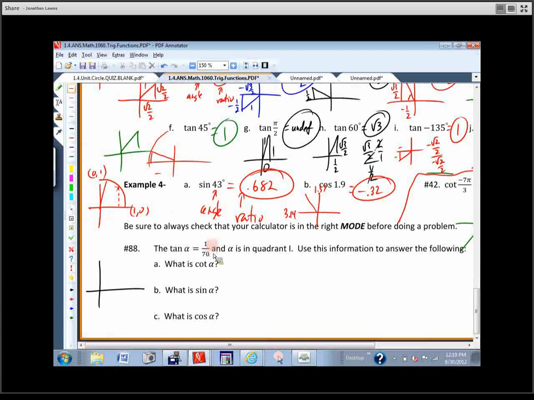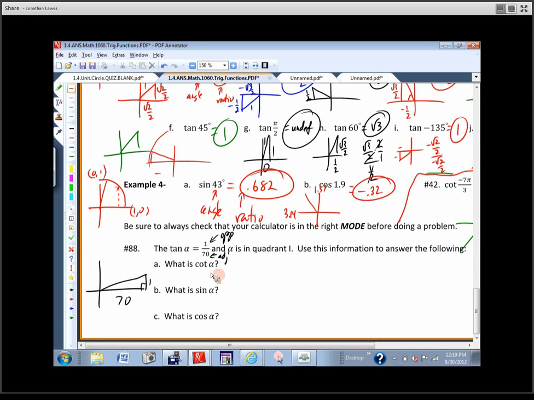What two sides are involved in the tangent ratio? This is the opposite, and this is the adjacent. So let's draw what this triangle would have to look like. The opposite is 1, and the adjacent is 70.